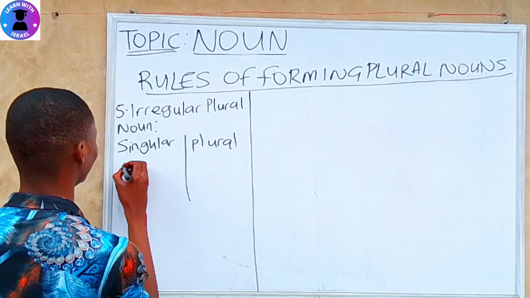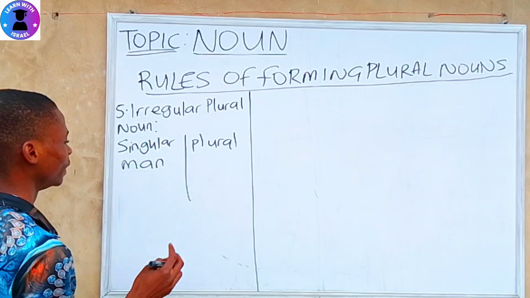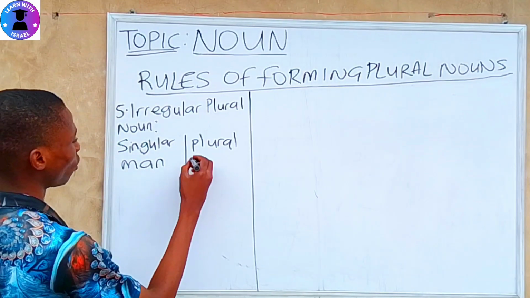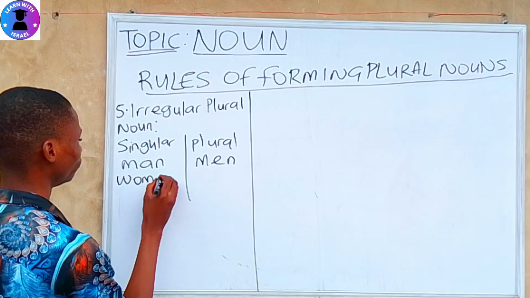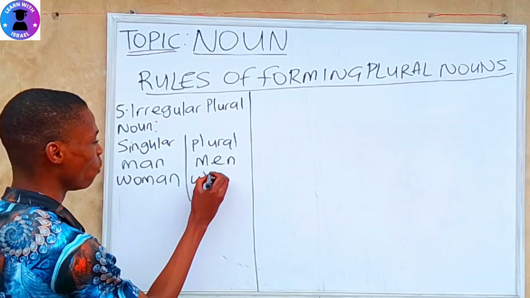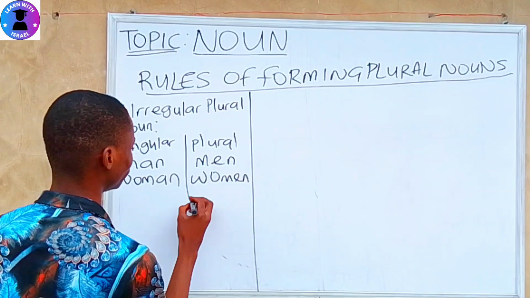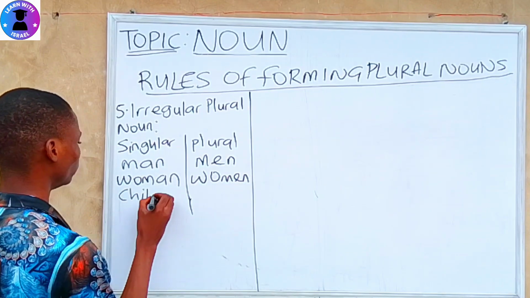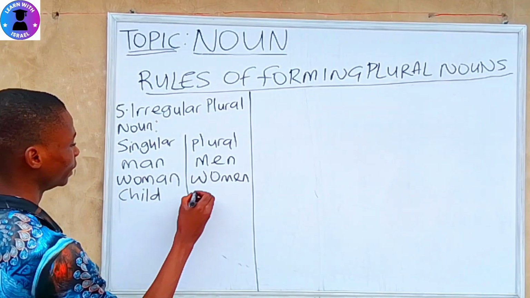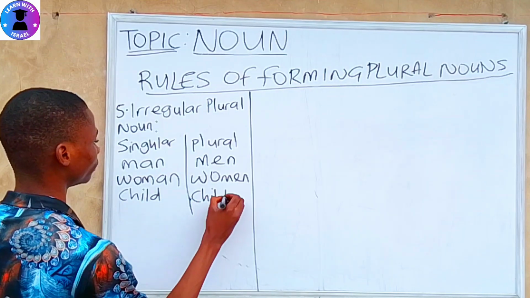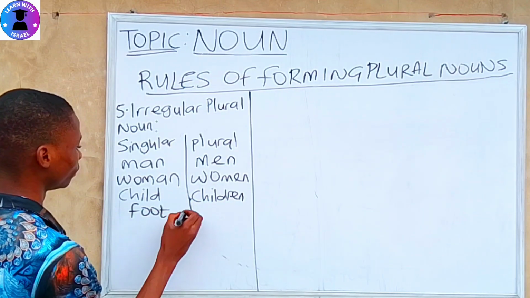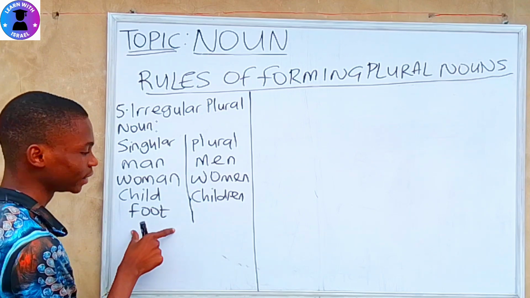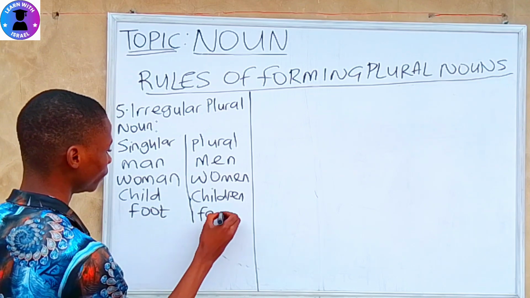We have man. There's no need of adding s. We have to change it completely. Men. We have woman. And the plural for woman is women. We have child. And the plural of child is children. We have foot. And the plural of foot is feet.